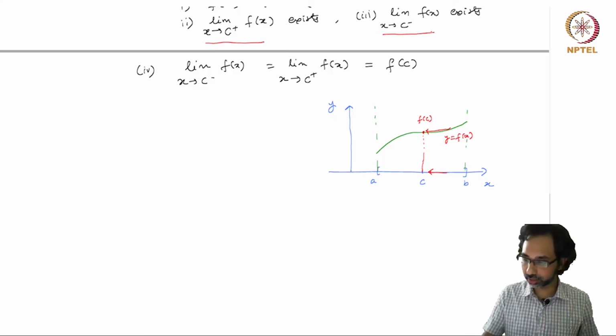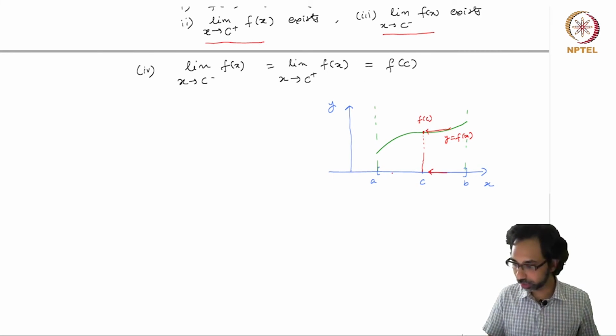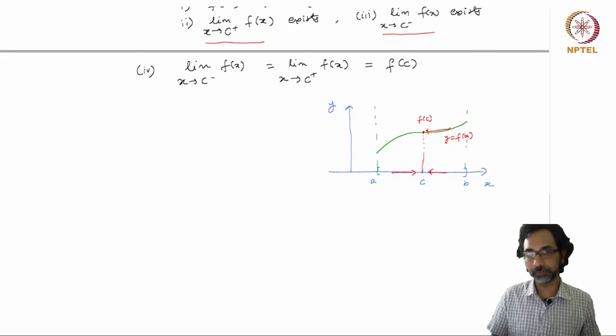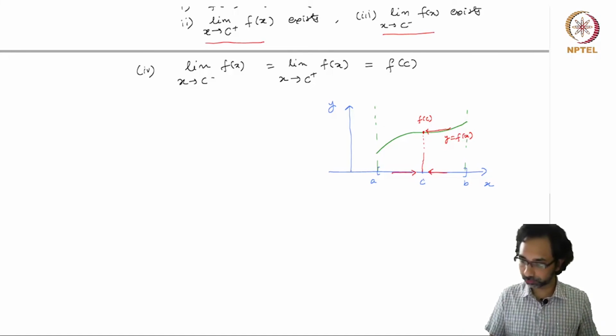The third condition says that the limit as x tends to c minus, meaning that x tends to c from below, from the left hand side, again exists. And the fourth condition says that all these three values are the same.